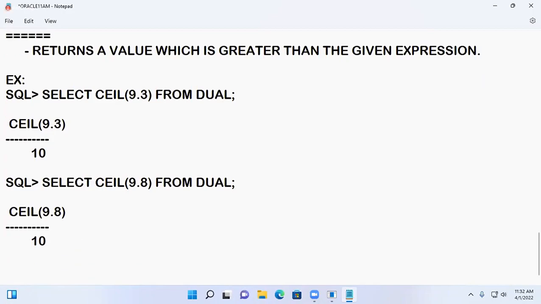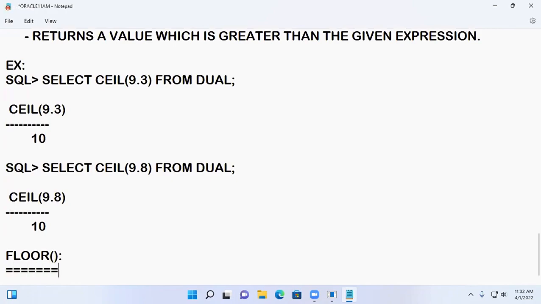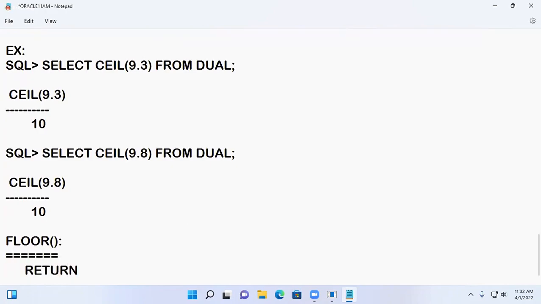And the next one is called the FLOOR function. This function returns a value which is less than the given expression.